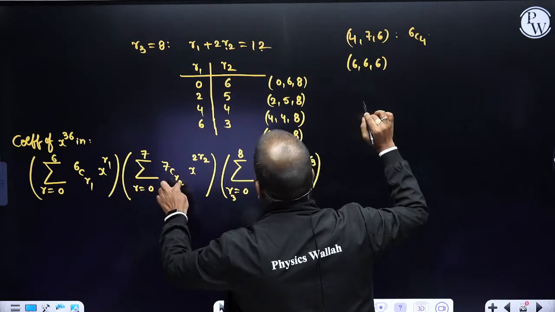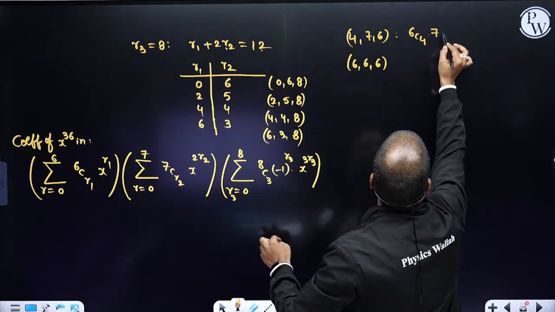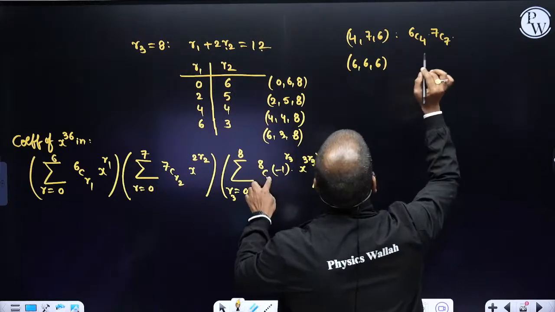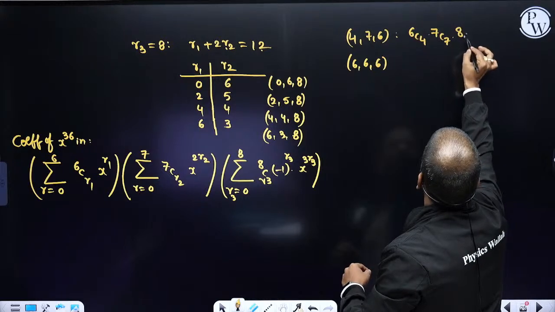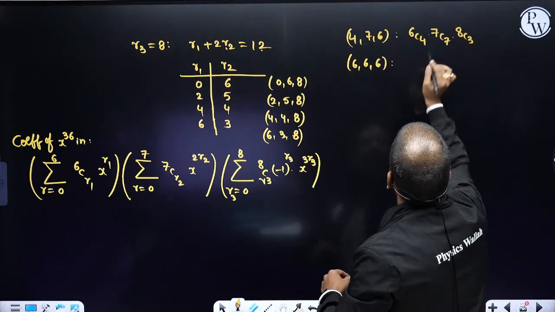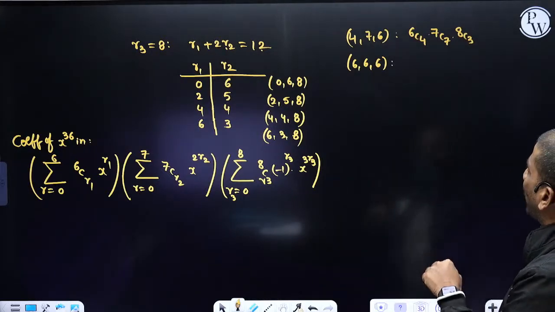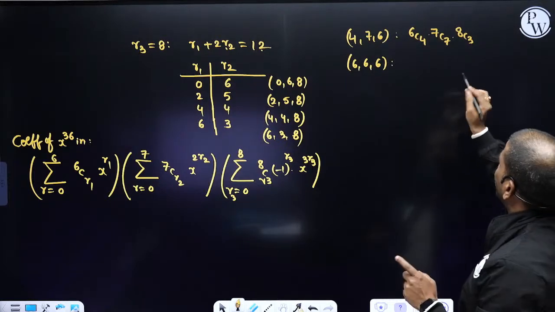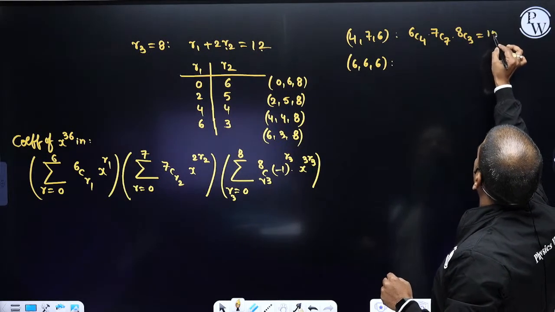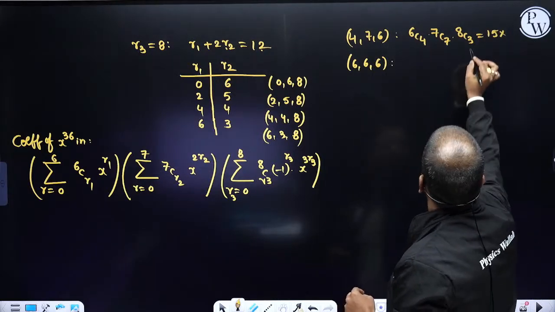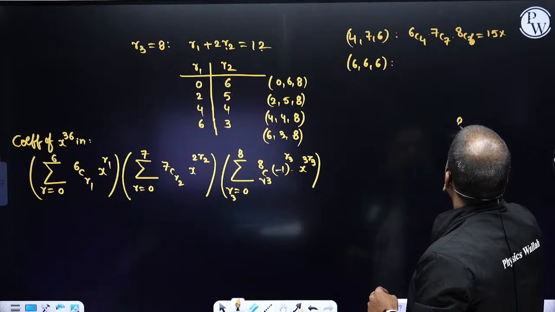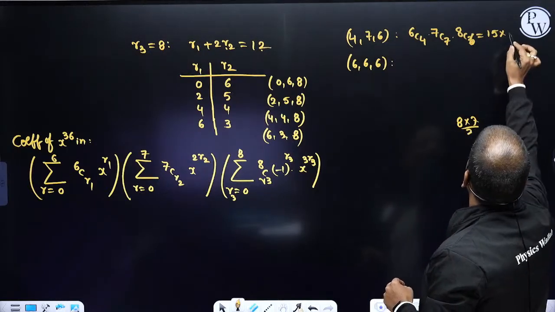Next, 7c7. Next, 8c6. We need to count this value. 6c4 means 6c2, 6 into 5, 30, 30 by 2, 15. 15 times 8c6. So 8c2, 8 into 7 by 2, 28.